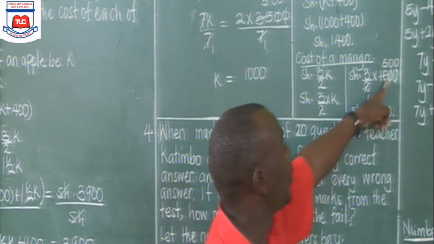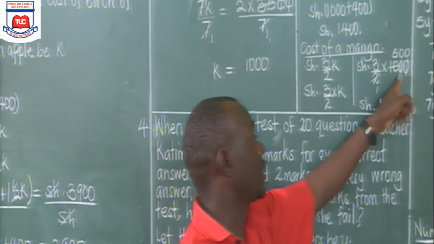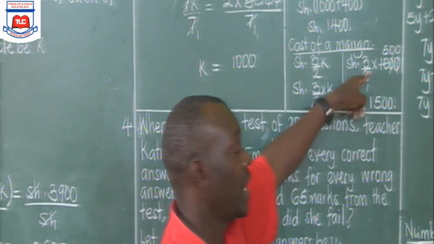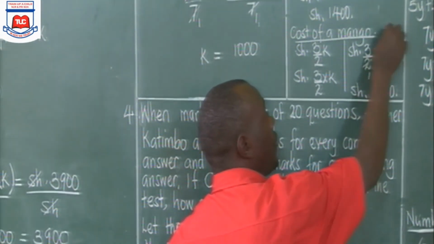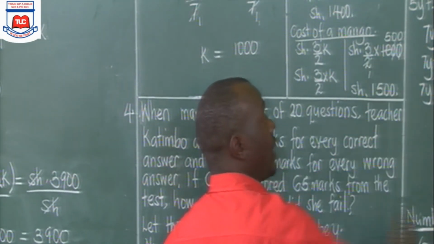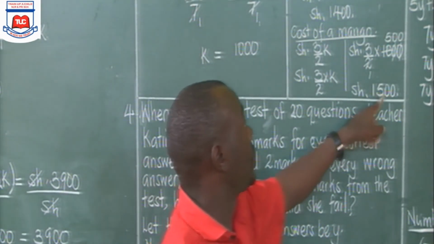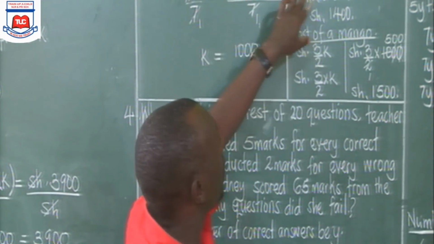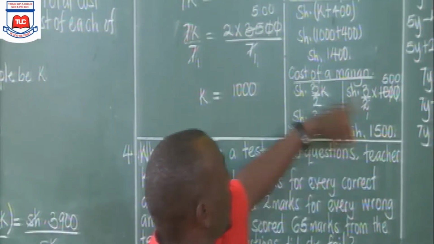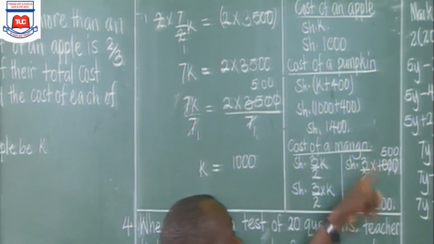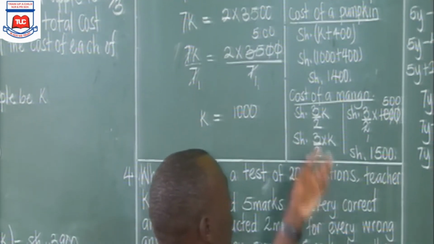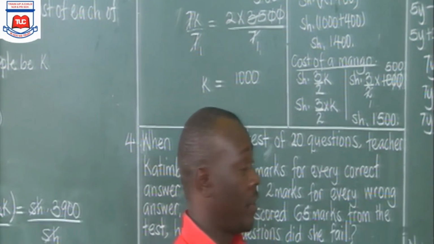Substitute it with 1,000, and then cancel by 2 once, by 2, 5 and 2 zeros. Thrice 500 brings 1,500 shillings. So an apple costs 1,000 shillings, a pumpkin costs 1,400 shillings, then a mango costs 1,500 shillings.